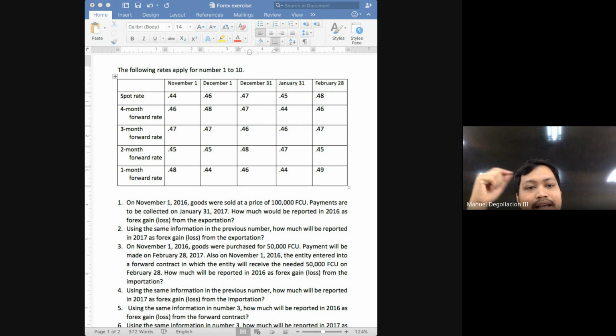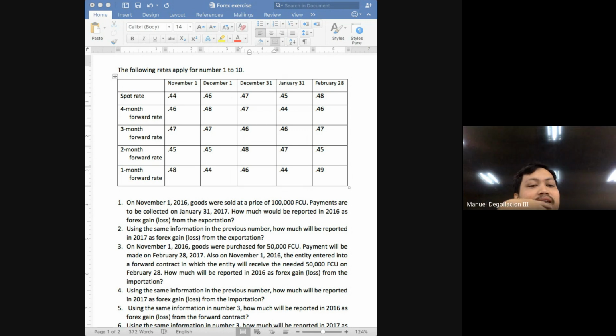You will look at the spot rate on that date, and that is 45. So you would only get 45 centavos. If you exchange 1,000 foreign currencies on November 30, how much will you get? Then you would get 460. How did we get 460? The 1,000 foreign currencies multiplied by our spot rate on November 30 of 0.46.